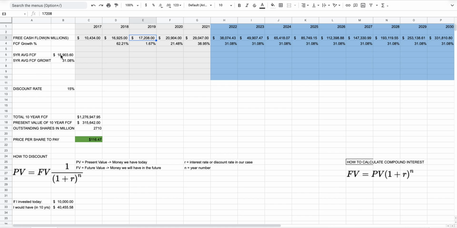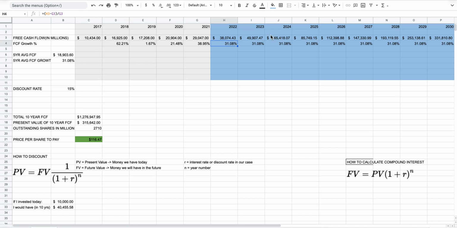And this value here is the 5-year average free cash flow that we know of, which is almost $19 billion. The 5-year average free cash flow growth is another formula that's basically the average of these free cash flow growth values here, which is about 31.08%.